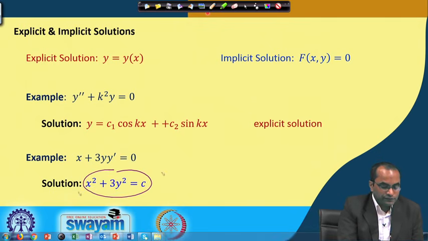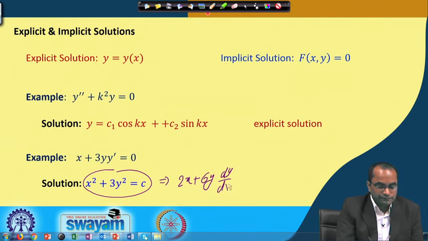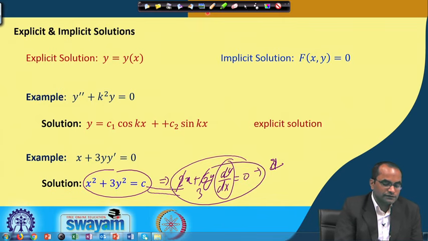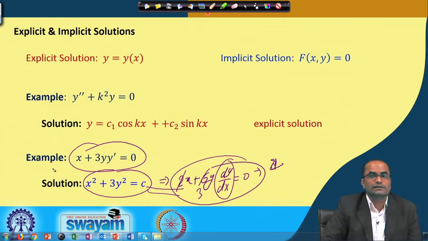So, if we differentiate this, what relation do we get? 2 x plus 6 y dy over dx is equal to 0. So, from here we just divide by 2. So, we will get x plus 3 y y prime is equal to 0. So, naturally, it is satisfying this differential equation.